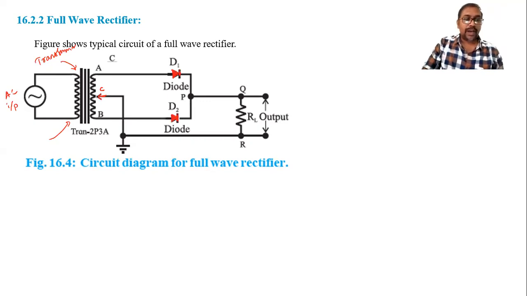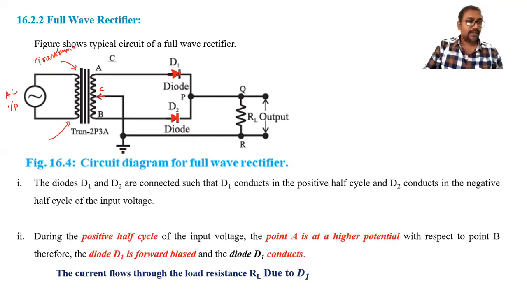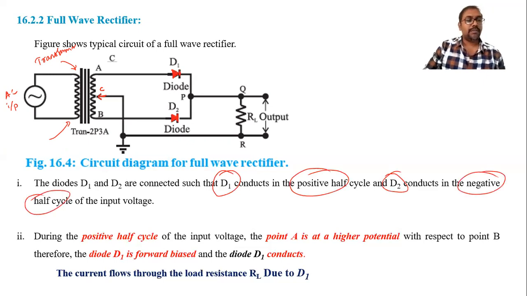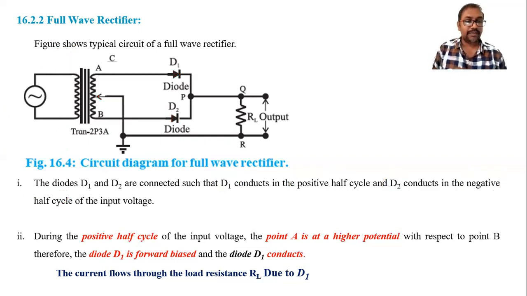Now we have to see the working of this full wave rectifier. Basically, diode D1 conducts in the positive half cycle and D2 conducts in the negative half cycle. This is the basic connection. These two diodes are connected in such a way that they conduct in the positive and negative half cycles.